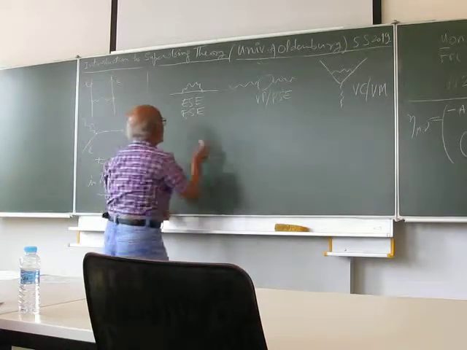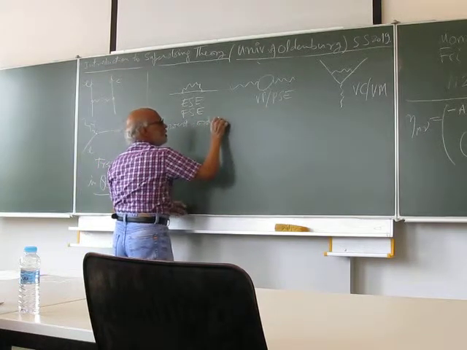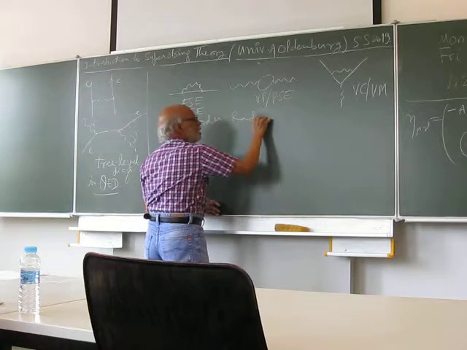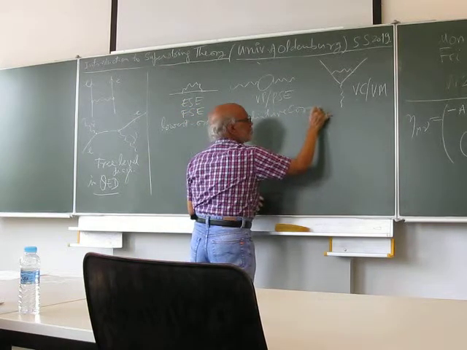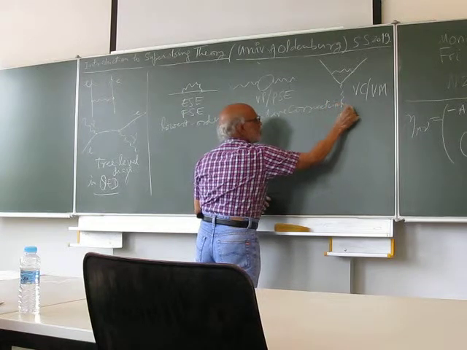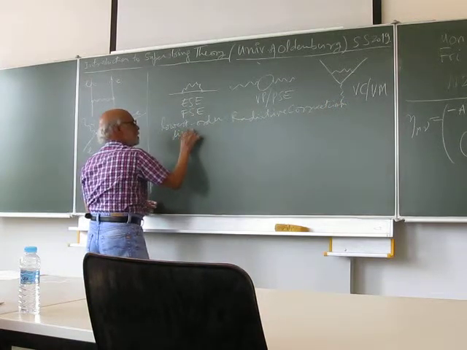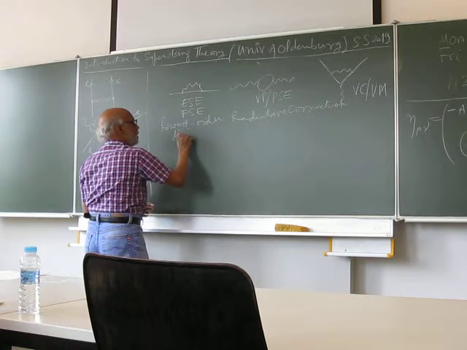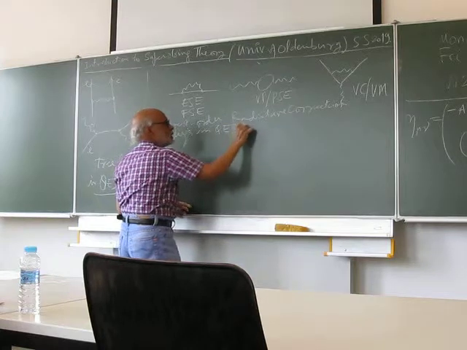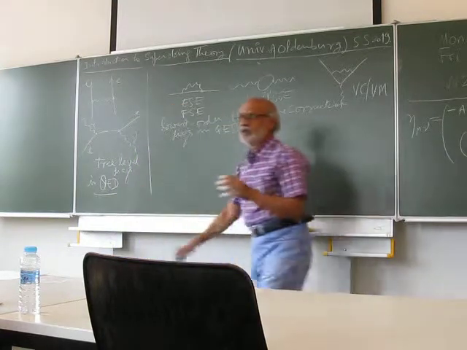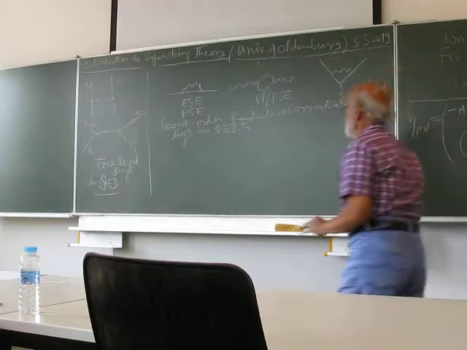So these are the lowest order radiative correction diagrams in QED theory.